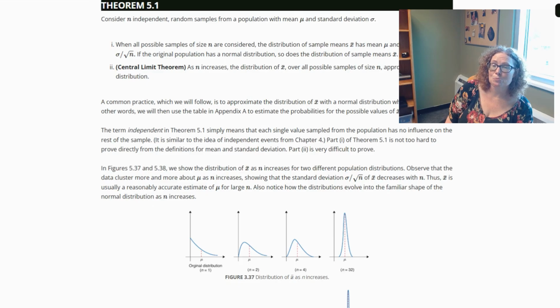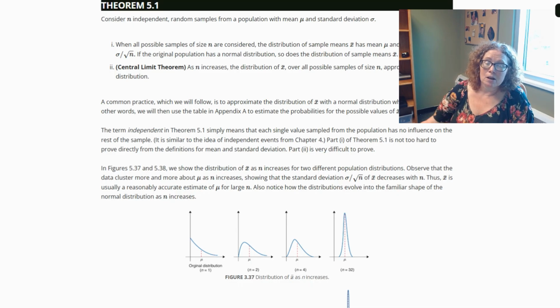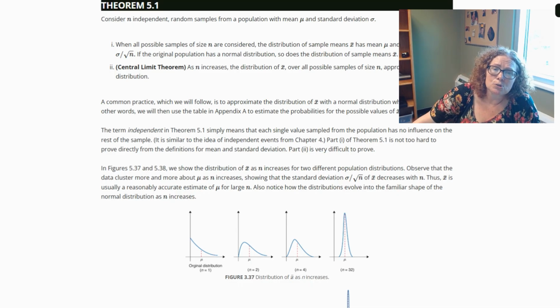If the original population had a normal distribution, then we are going to assume that the sample means do as well. Part of this is also the central limit theorem, which states that as n increases, the distribution of x bar over all possible samples of size n approaches a normal distribution.